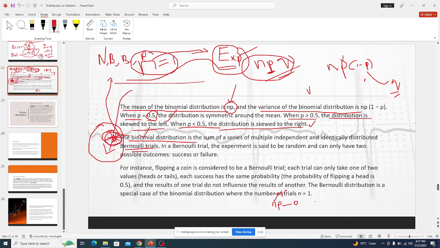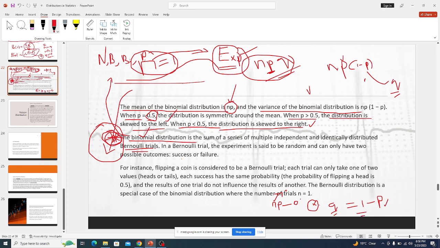We also talked about x as the number of successful trials, and we talked also about q, the probability of failure. And q is always equal to 1 minus p, that is 1 minus the probability of success. All right, that's number one.